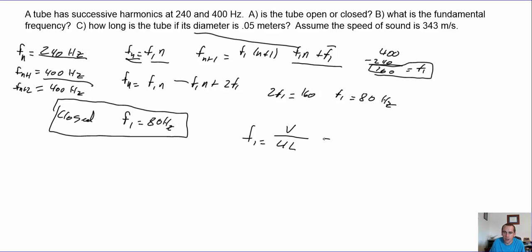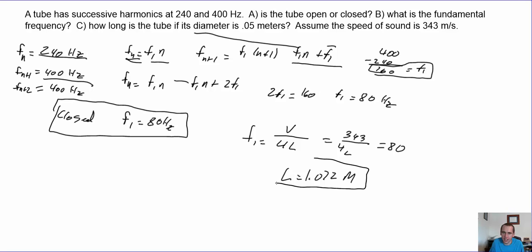So what I have is 343 divided by 4L equals 80. So I'm going to multiply both sides by 4L and then divide by 80. So essentially I get 343 divided by 320, and I get 1.072 meters. That's how long the tube is acting, and that's because it's closed, and so it's got an extra node. That antinode is a little bit further out.